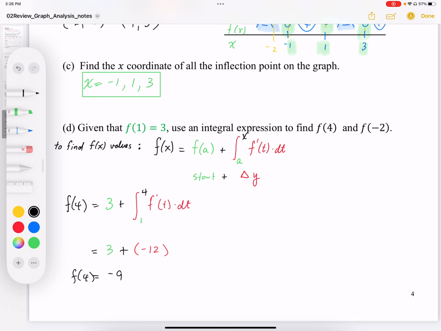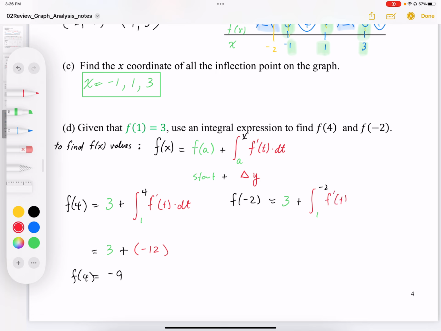We can do the same thing for f of negative 2. So f of negative 2 is going to be equal to the starting coordinate, y equals 3, plus the area under the curve from 1. But in this case, we're going backwards to negative 2. Now, this is going to be an issue we have to be careful of.